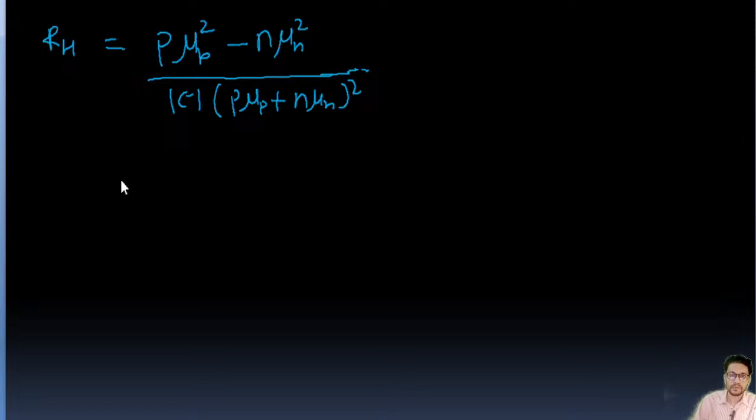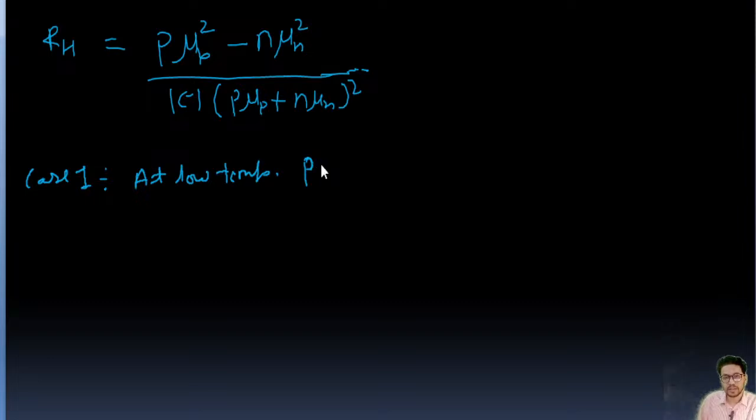First case is at low temperature. At low temperature we can see P, that is the charge carrier density of holes, is greater than or equal to N. The hole density is greater than N if the temperature is low.